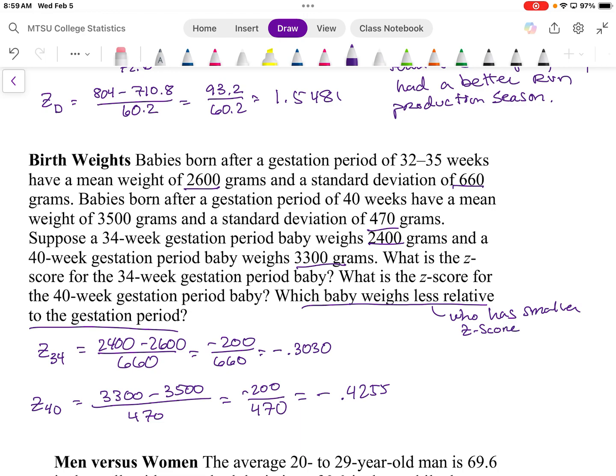And as we look at this, what's smaller? Negative 0.3 or negative 0.42? It's actually backwards in the negative world. Okay? Negative world is backwards.